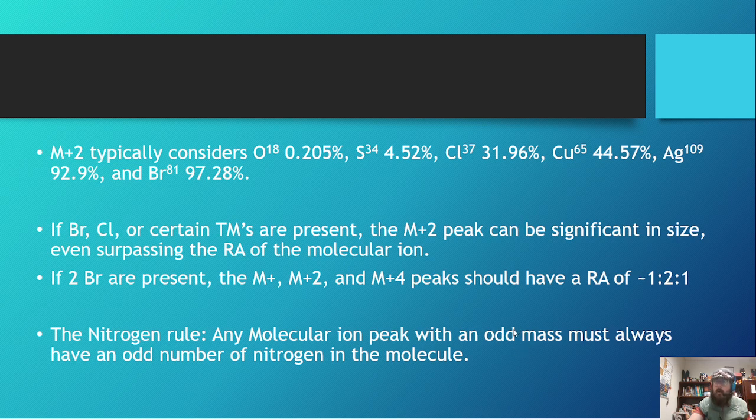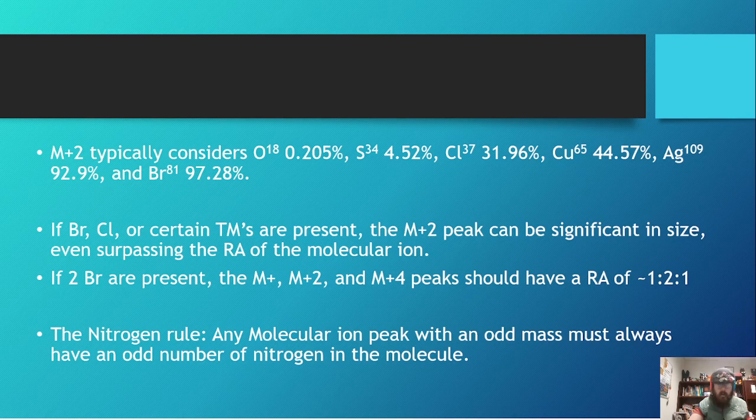If you think about it, atoms with an odd mass can typically make an odd number of bonds. The atoms with an even mass can typically make an even number of bonds. Nitrogen breaks that rule by having an even mass of 14, but making an odd number of bonds, 3.